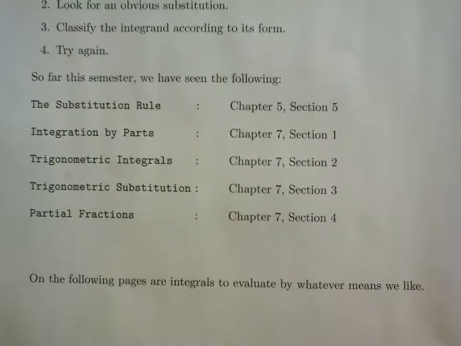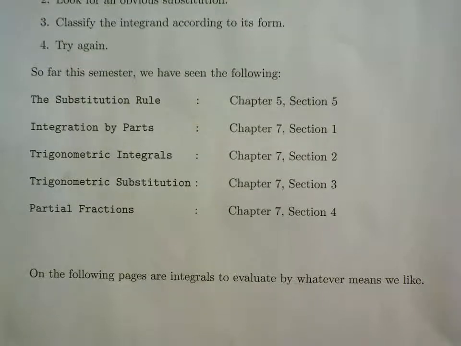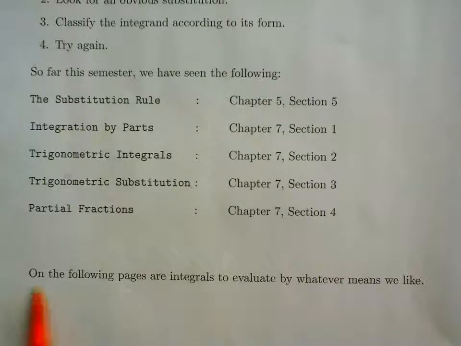Okay, so we'll get started on the first example from section 7.5. On the following pages are integrals to evaluate by whatever means we like. So let's get started on this first one.